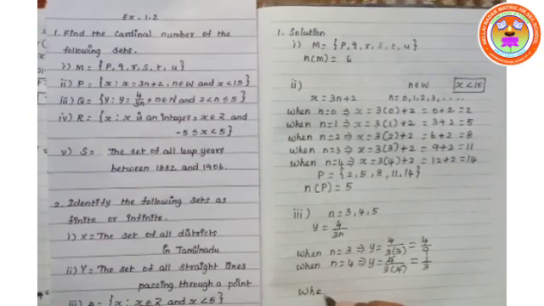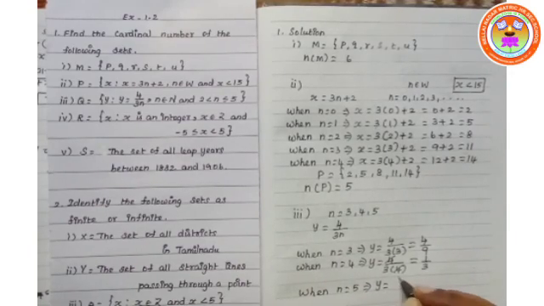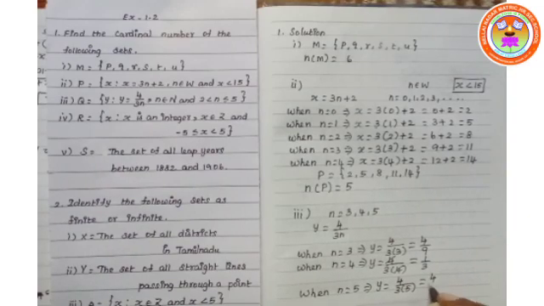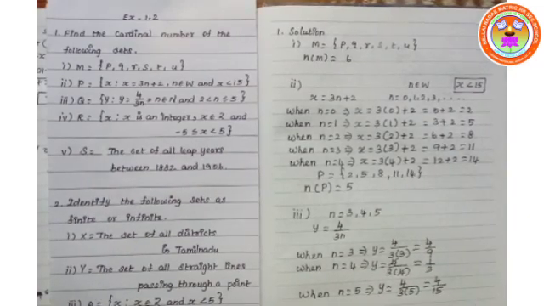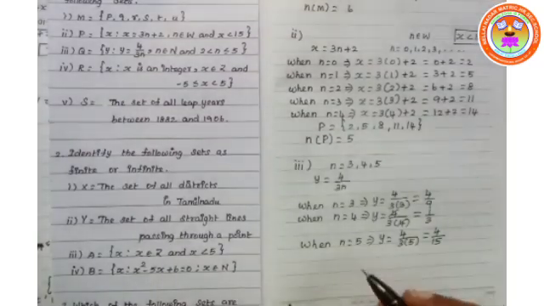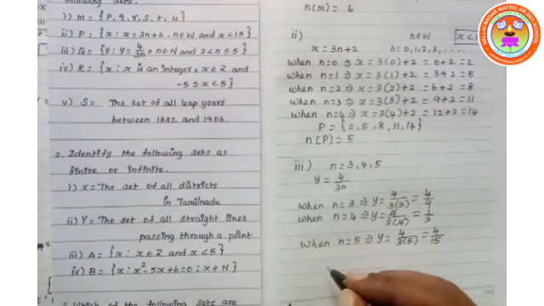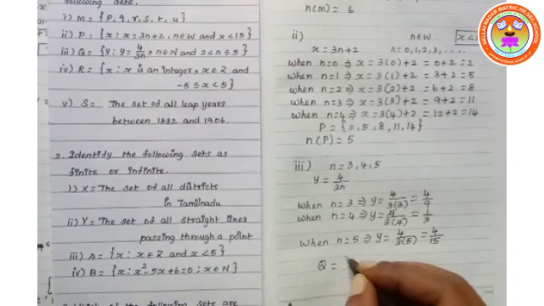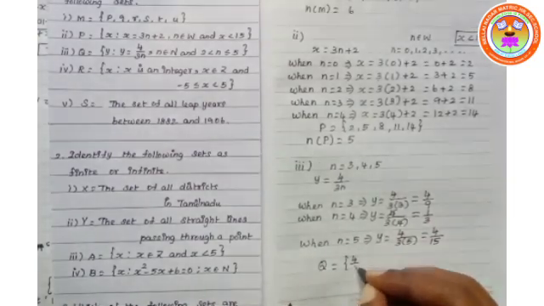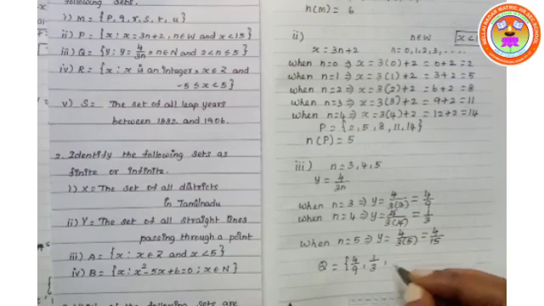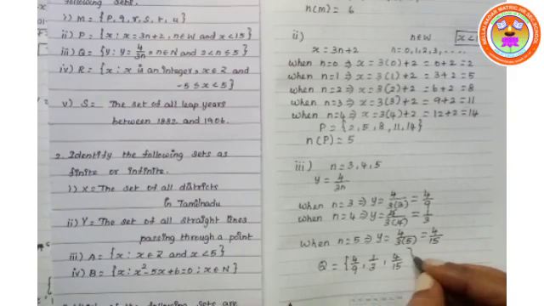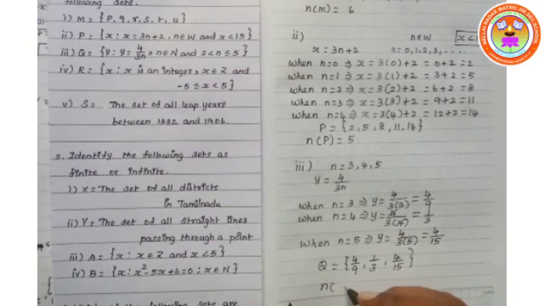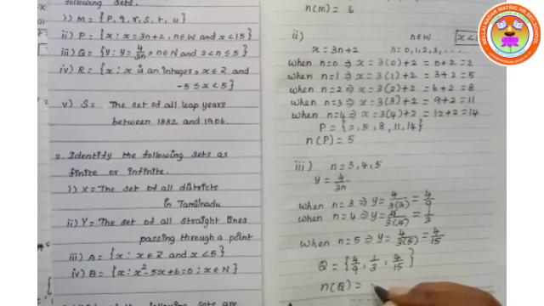When n is equal to 5, which implies y is equal to 4 by 3 into 5, which is equal to 4 by 15. Therefore, the elements of the set Q is equal to 4 by 9, 1 by 3, 4 by 15. Therefore, n of Q, that is number of elements in the set Q, is 1, 2, 3.